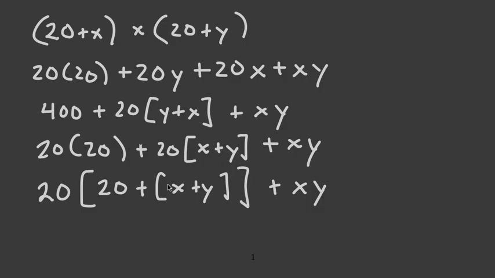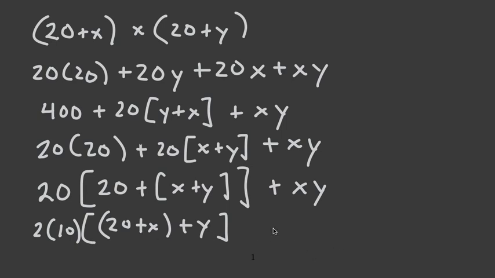Well, what we notice is that this 20 plus x is like the first number. Or you could say 20 plus y and then plus x. So here we have this first number, and then we have our plus y. And then what are we doing with it? We're going to double it, and then we're also going to multiply it by 10. And then we have our addition of our xy in the end.